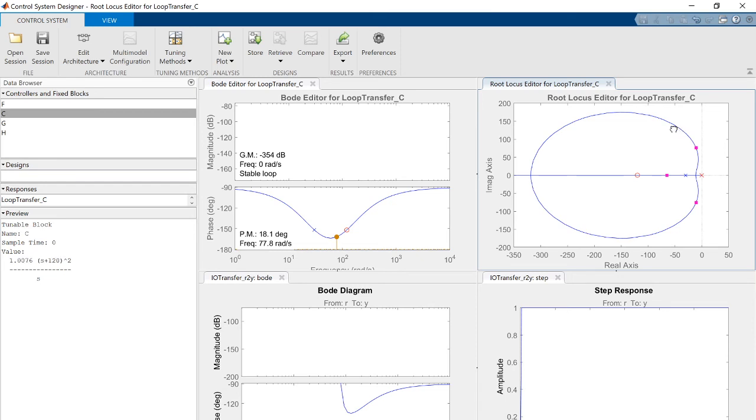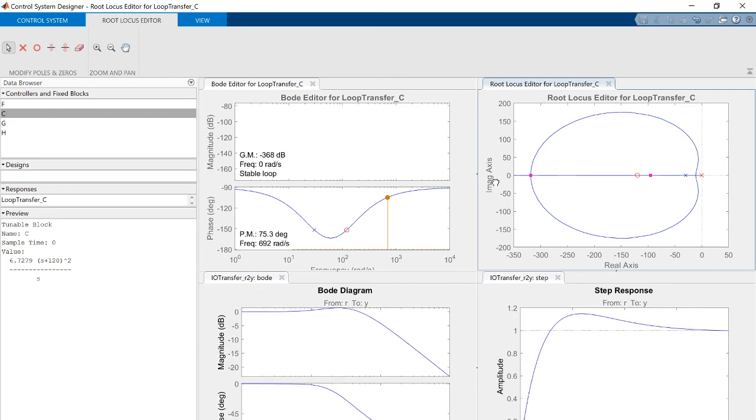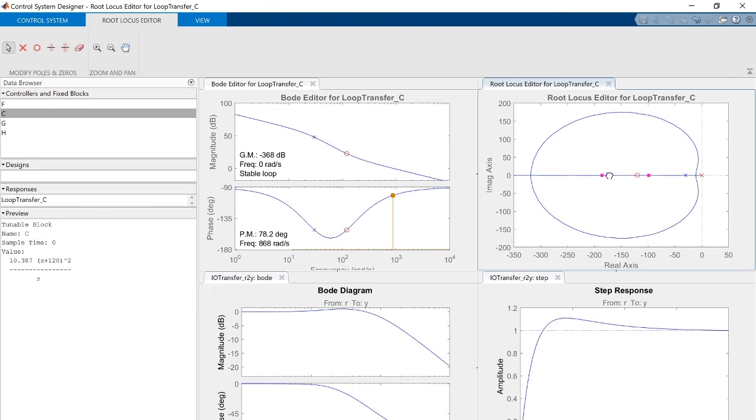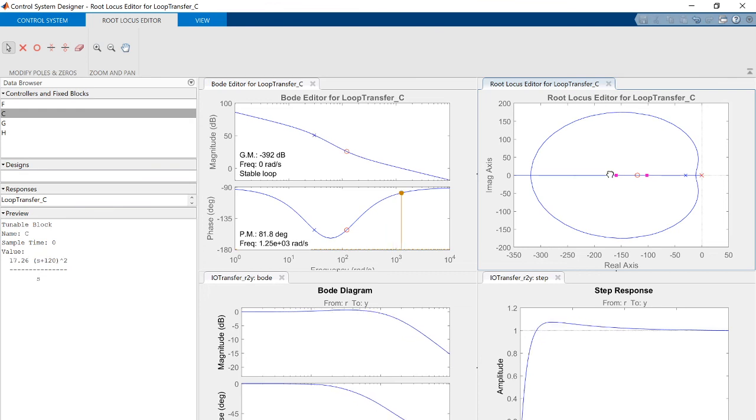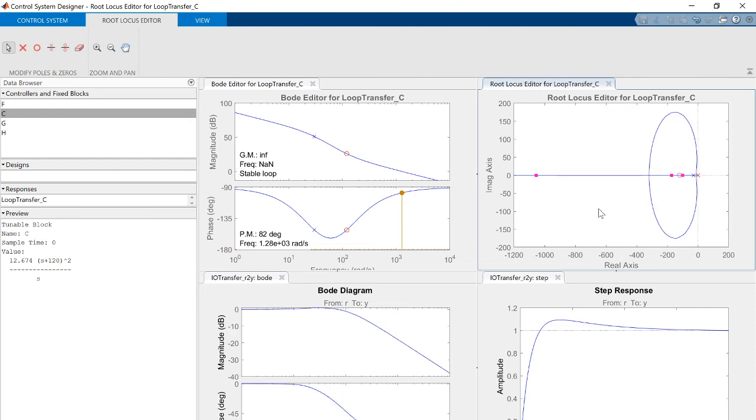Now you notice when I do this, changing the gain on my root locus, I'm also changing the gain on my Bode. So I'm taking it higher. Okay, and so it's at 690. We want to go ahead and take it on up. 800. There we go. Right in there.